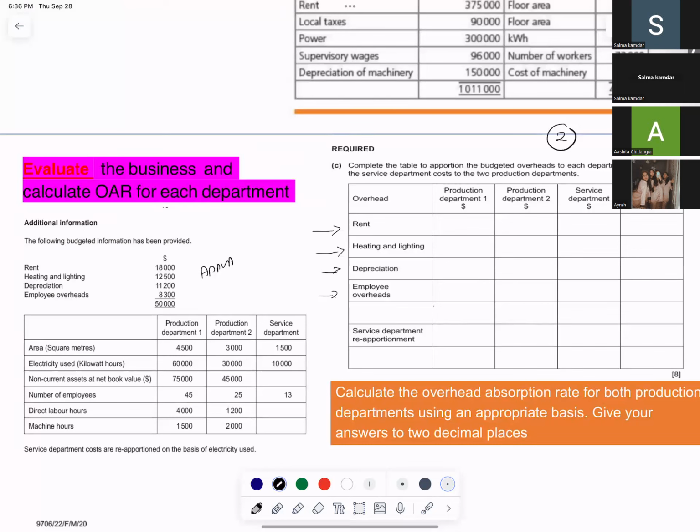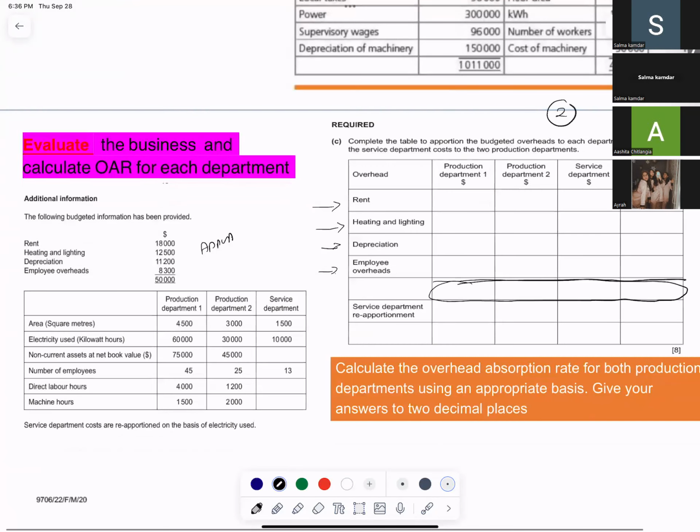After you do this apportionment, you will do your total and arrive at this answer. After this, I will teach you another thing which is an extension of apportionment. But right now, because we are focusing only on allocation and apportionment, I want you to do only up till here. Are you with me?